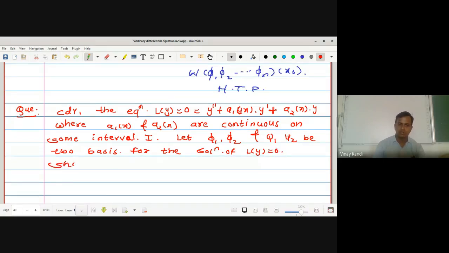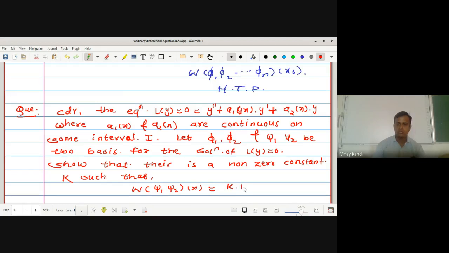Then show that there is a non-zero constant k such that Wronskian of psi1, psi2 at point x is equal to k into Wronskian of phi1, phi2 at point x. Okay, did you understand the statement?